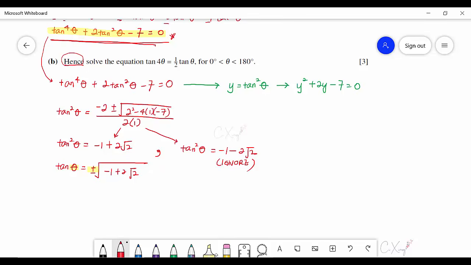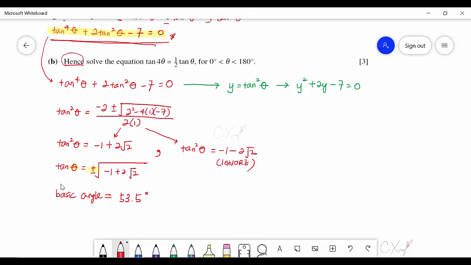First of all, I want to get the basic angle. The basic angle means I change the value into a positive value; if I get a negative, I change it to positive, then take tangent inverse. When I take tangent inverse, the basic angle will be 53.5.